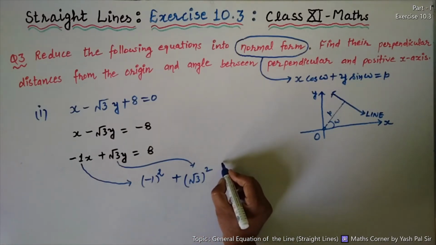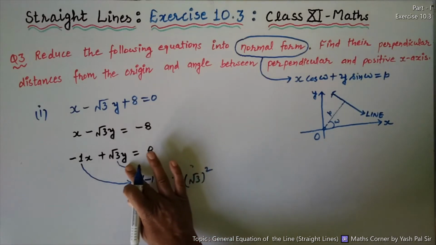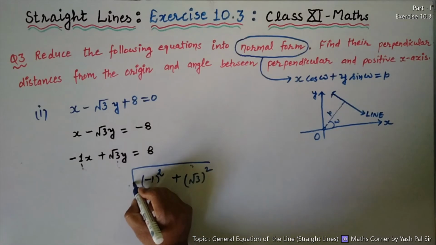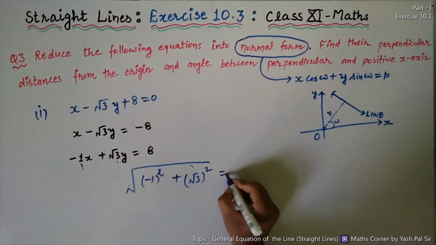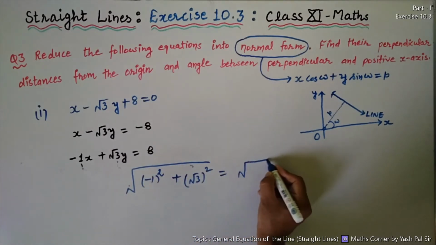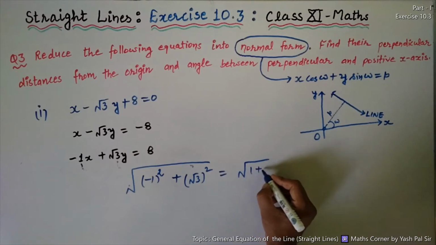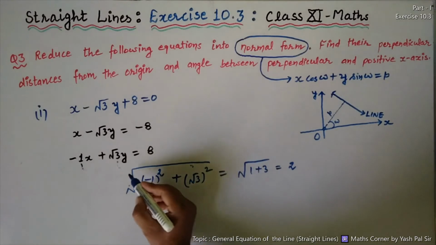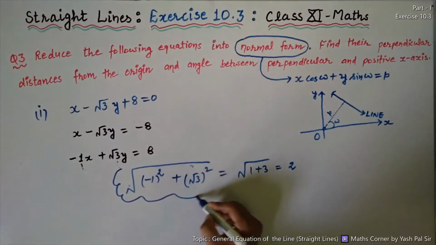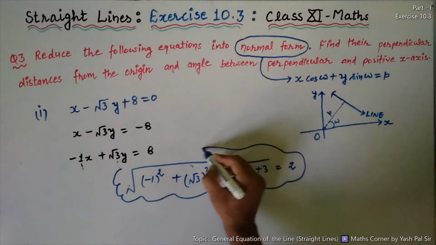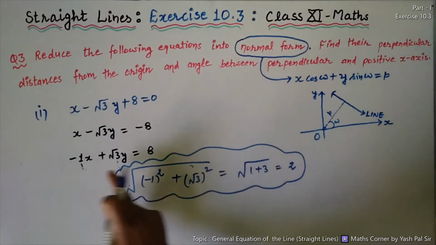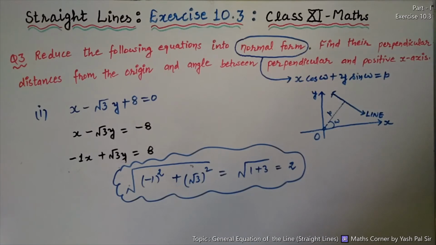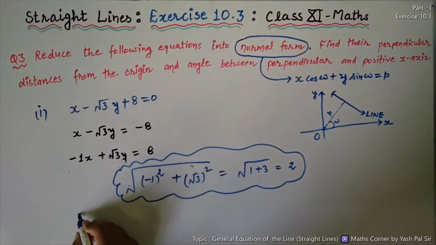And taking the square root of this sum is equal to square root of 1 plus 3, which is equal to 2. So this is the step we follow in this question, that is we divide throughout by this number.